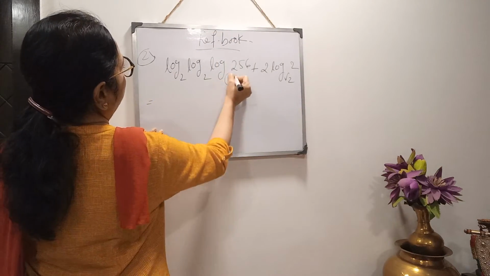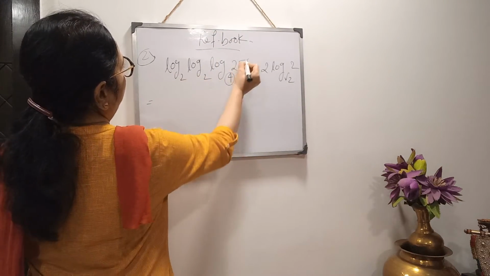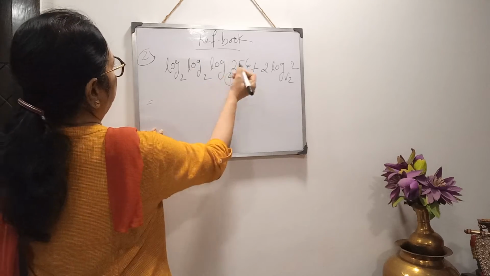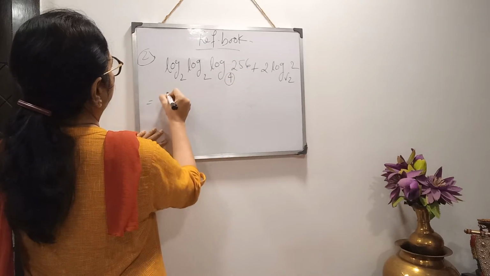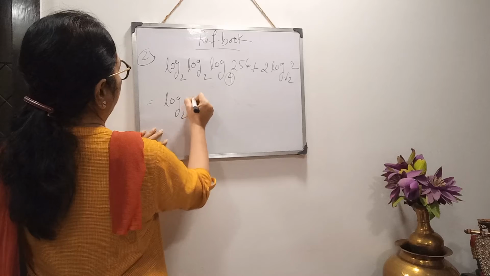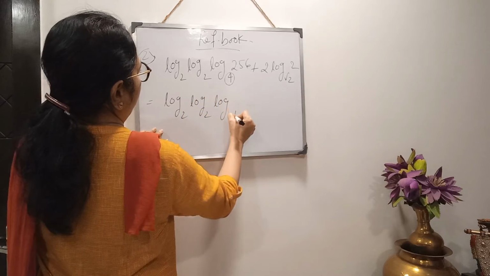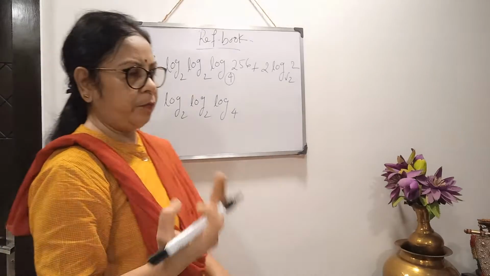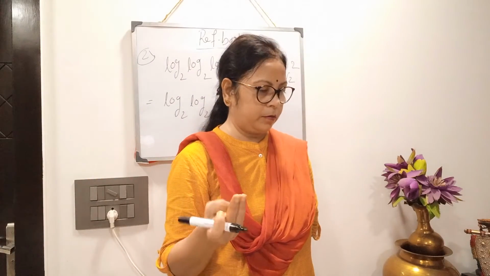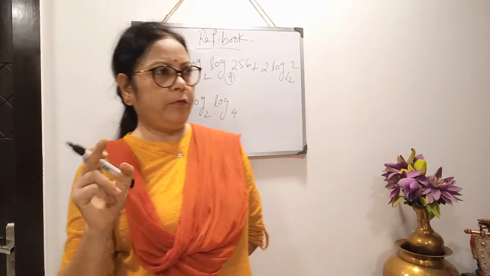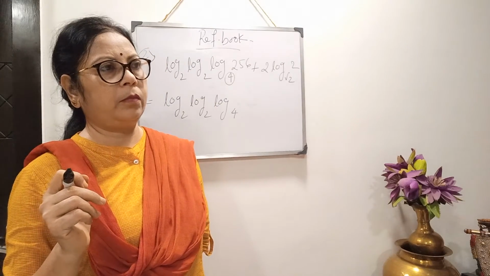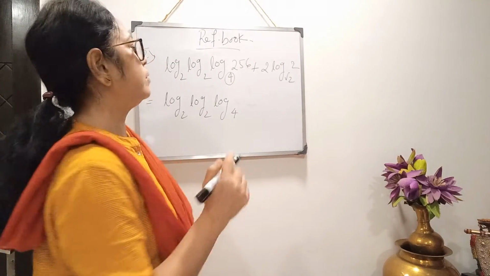There is 4, from last we will start. So 256 I have to make a power of 4. So you will do the LCM: 4 4s are 16, 16 4s are 64, 64 4s are 256.